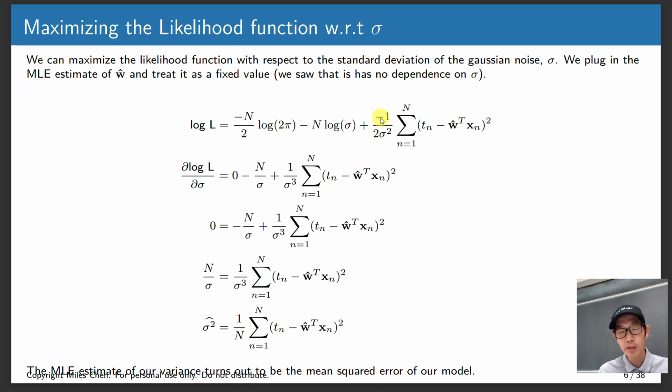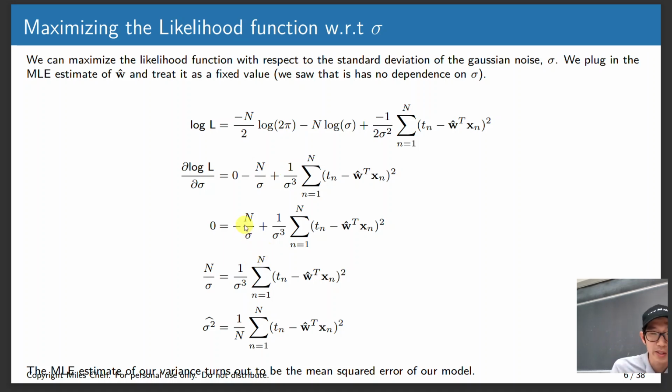And then over here, I get negative 1/2 times sigma to the negative 2, and so that negative 2 cancels out with the negative 1/2, and I'll get sigma to the negative 3. As far as comparing it to sigma, this entire summation is just a constant, whatever it is. So we set that derivative equal to 0, and we're going to solve for sigma.